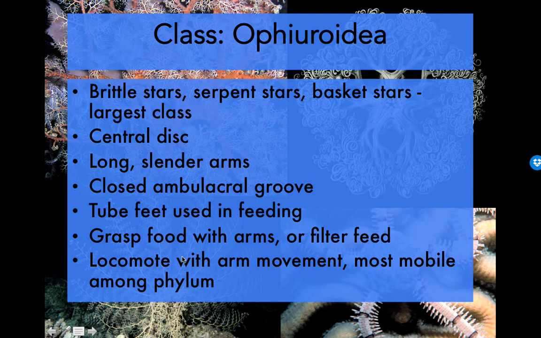They can grasp food with their arms and feed it to their mouth, or they can filter feed, and they use arm movement to move around. So this is among the most mobile of the phylum.